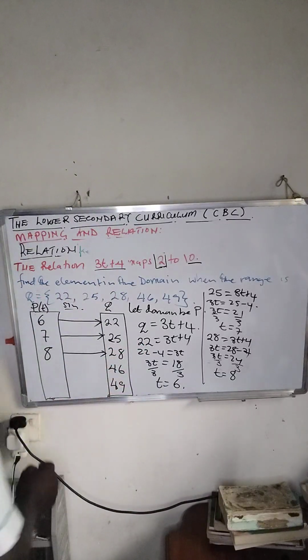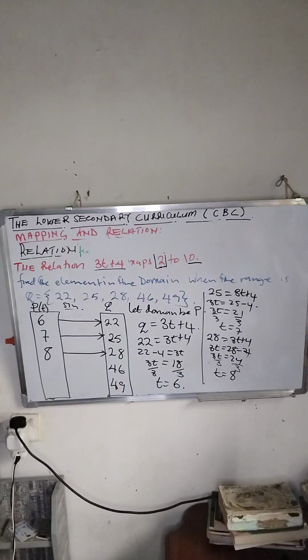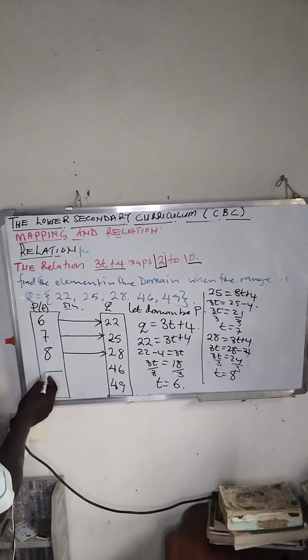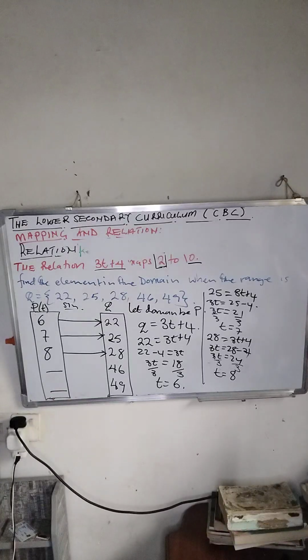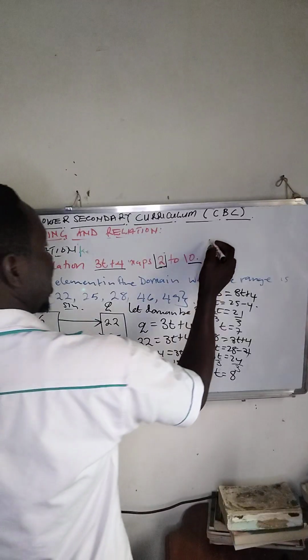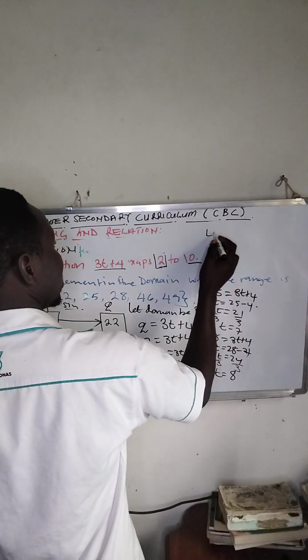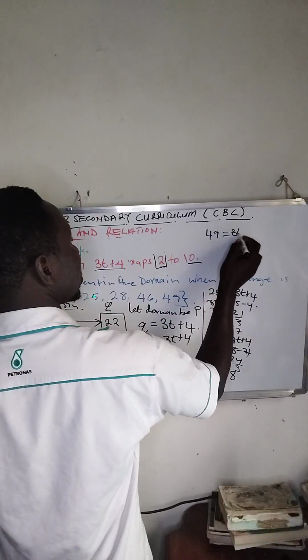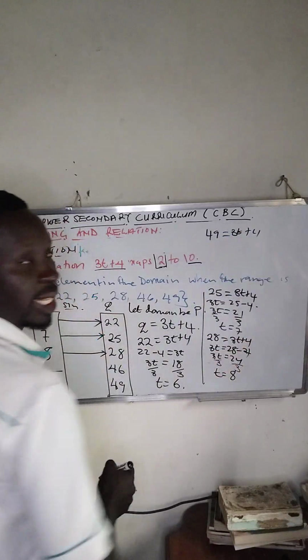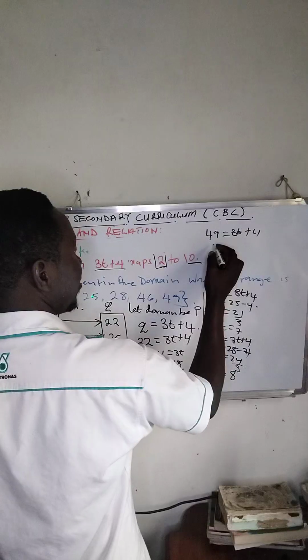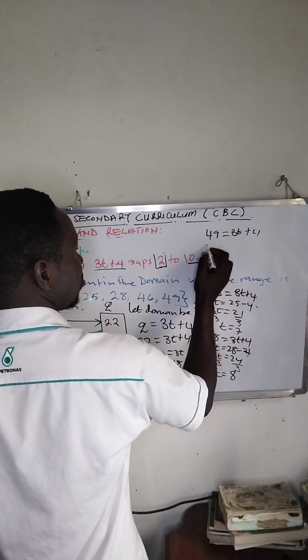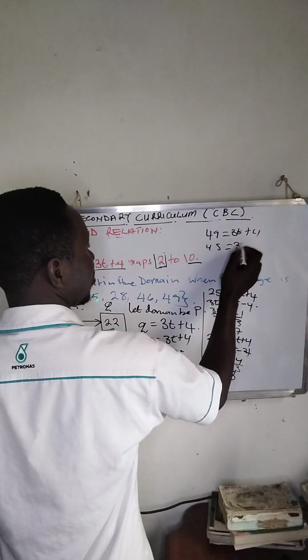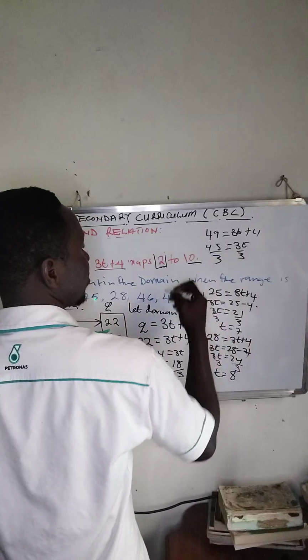And we continue. I hope you can at least try on your own and obtain the values here. For the case of the last one, let us say 49 is equal to 3t plus 4. Are we together? Then the 4 comes this side, it will be 45 is equal to 3t, all over 3, all over 3.